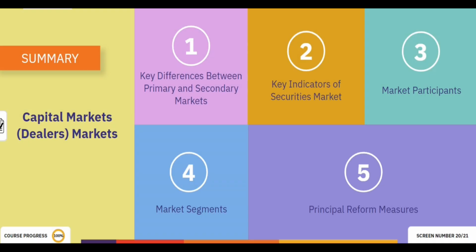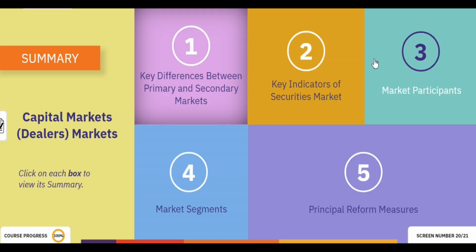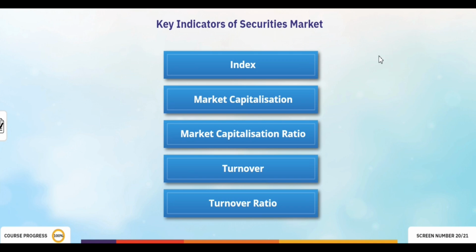Let's quickly summarize what we have just learned in Chapter 1. Click on each box to view its summary. Take a look at the key differences between primary and secondary markets. The key indicators of the securities market are index, market capitalization ratio, turnover, and turnover ratio.